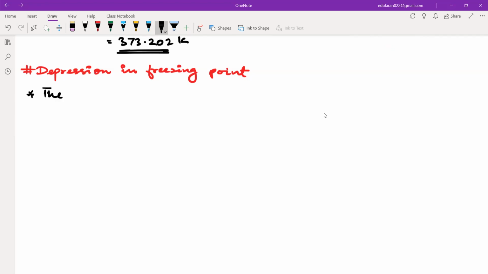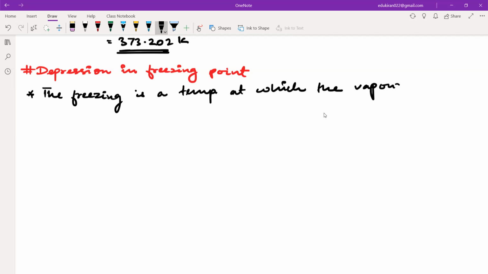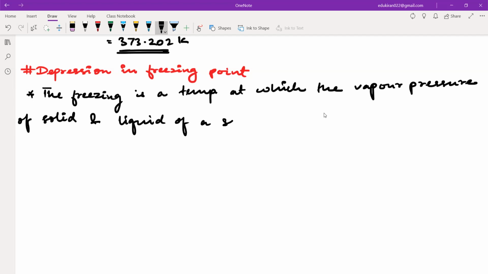The freezing point is a temperature at which the vapor pressure of solid and liquid of a substance is the same.